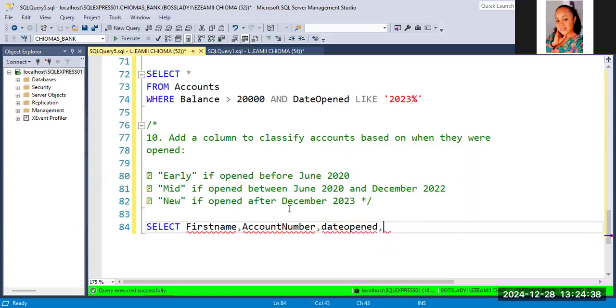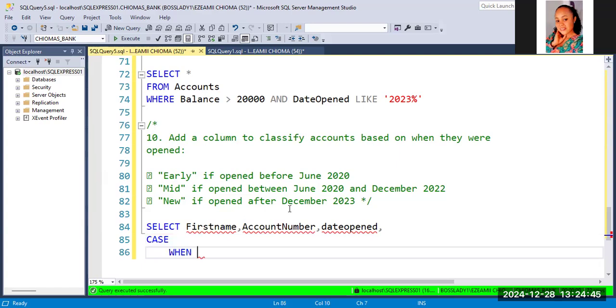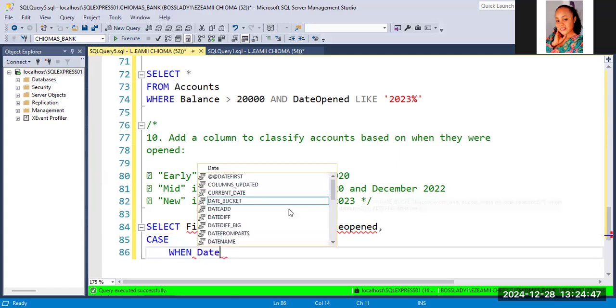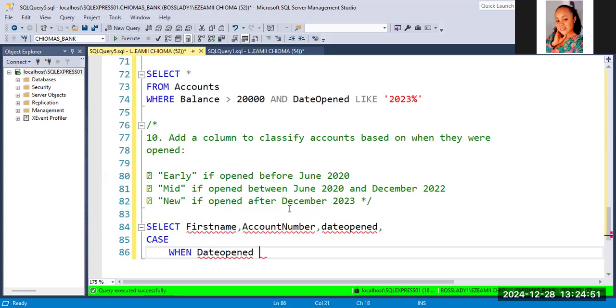Then we write our case statement. When date opened is less than June 2020, 06.